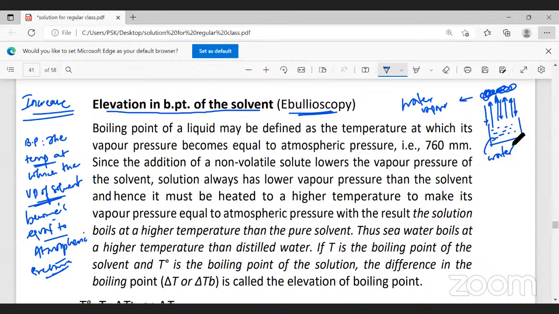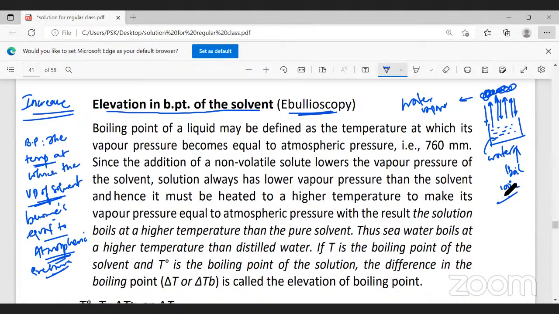Water has a tendency to vaporize even at room temperature. At room temperature, the water vapor pressure you measure will not be equal to the atmospheric pressure. But when you boil water at around 100 degrees Celsius, water will vaporize more, and more water vapors will be formed. The pressure exerted by these water vapors at 100 degrees Celsius will become equal to atmospheric pressure.